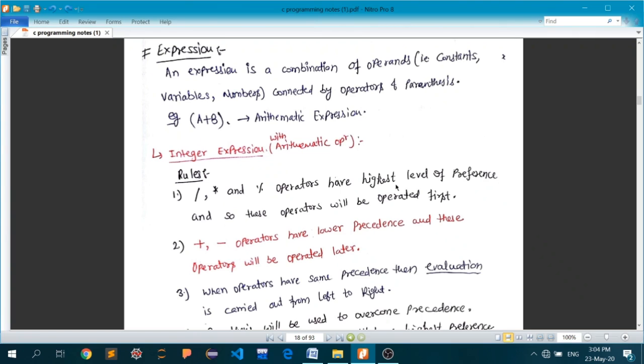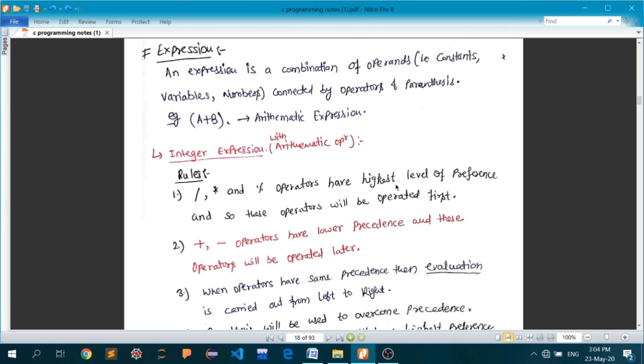An expression is more or less like a mathematical equation, and you have seen plenty of them in your life. What we are going to see here is how these expressions differ from mathematical expressions or equations. First is the integer expression, which will be almost 95 to 96% of the expressions that you are going to see.